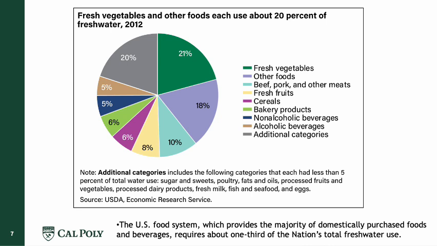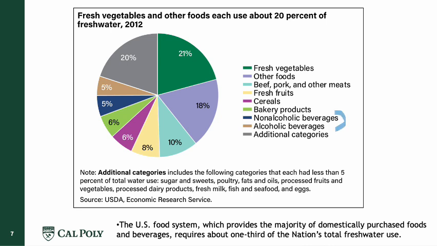So fresh water is needed to produce all these types of food. For fresh vegetables, we need around 20% of fresh water to produce them. Agricultural production requires a lot of water, and the manufacturing of food products also requires water, mainly beverages.